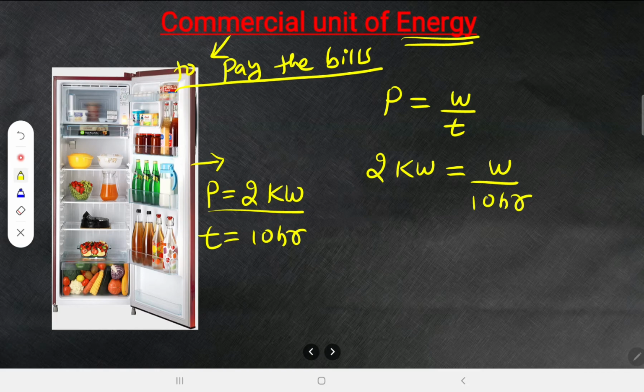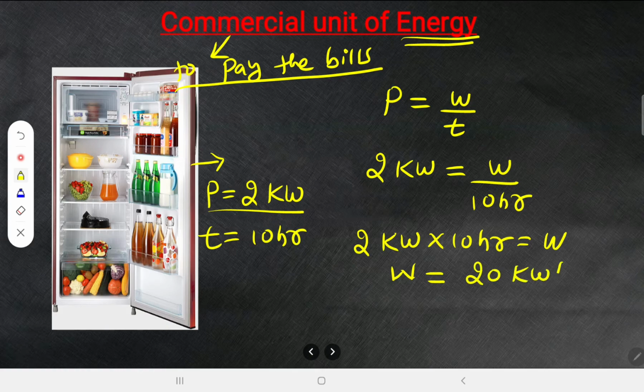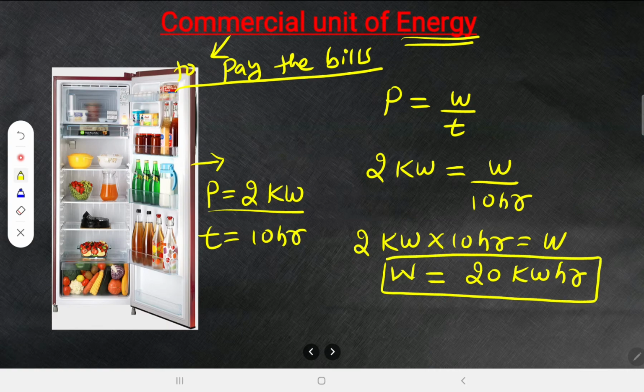If you bring this 10 hour to this side, it becomes 2 kilowatt into 10 hour equal to work done. Work done is 2 into 10 is 20, so it becomes 20 kilowatt hour. Now, however much work it does, that much energy it must have consumed, right? So energy has become 20 kilowatt hour.